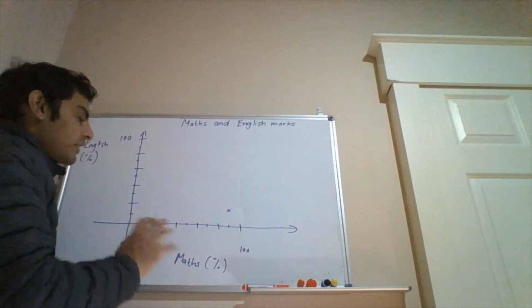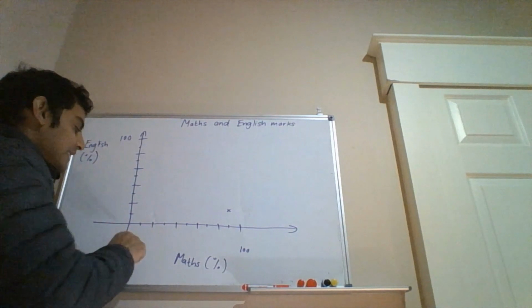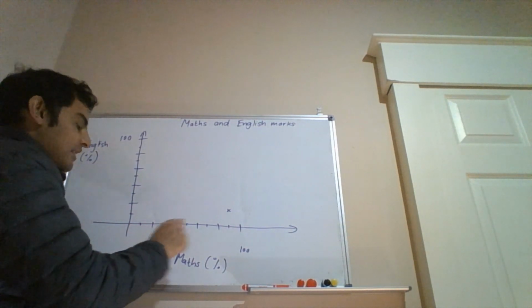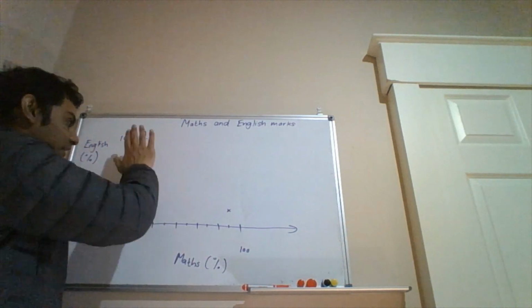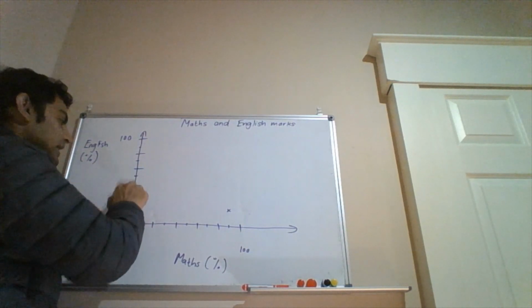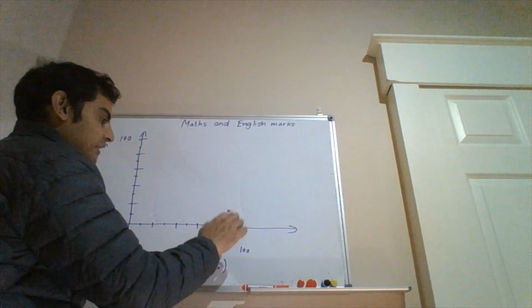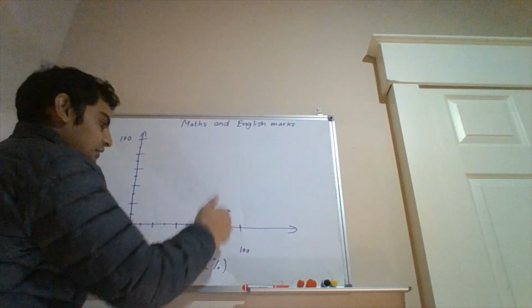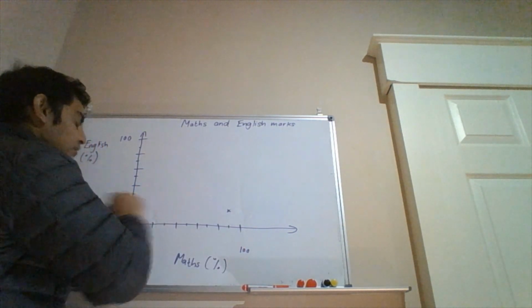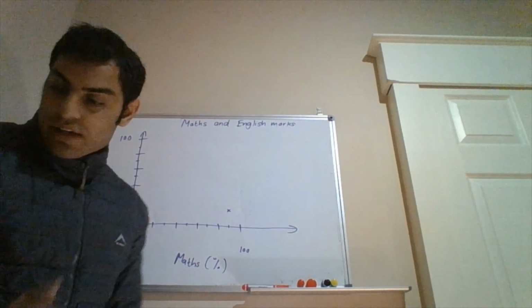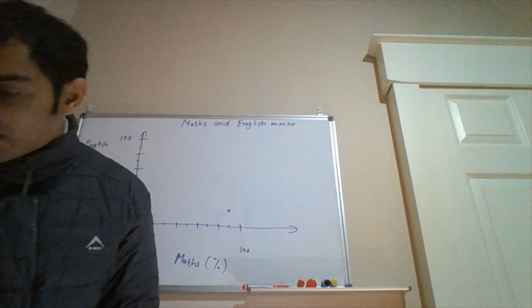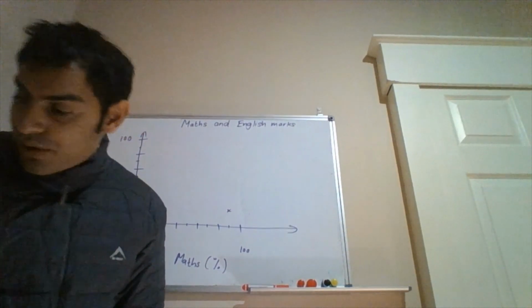The scale of each axis is 10, so it goes 10, 20, 30, 40, all the way up to 100, and the same here. So if we count, we've got 9 dots for 90 for maths, and then 1, 2 gives us 20 for English. Let me plot a couple more.